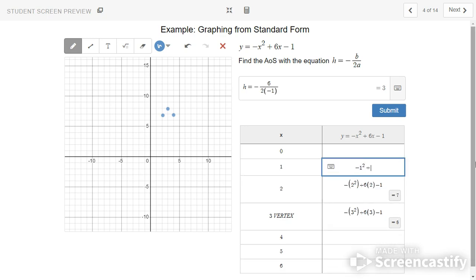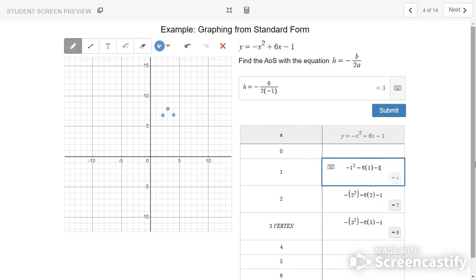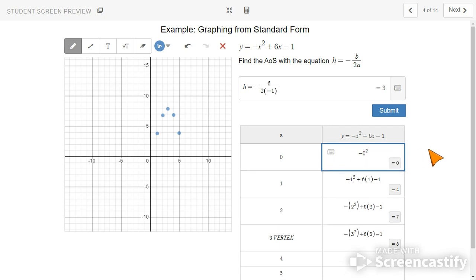Negative 1 squared plus 6 times 1 minus 1. 4. And finally, 0. Negative 0 squared plus 6 times 0 minus 1. Negative 1.